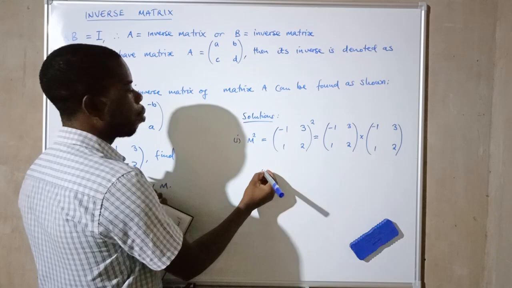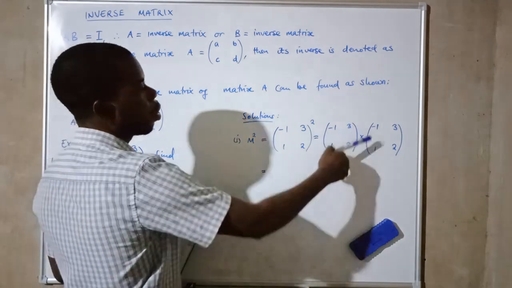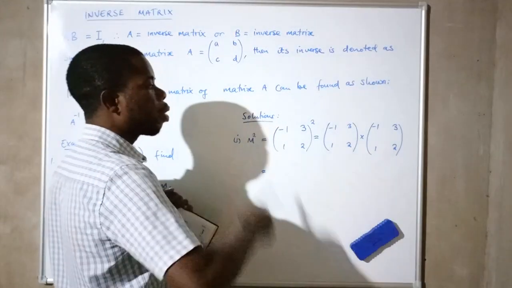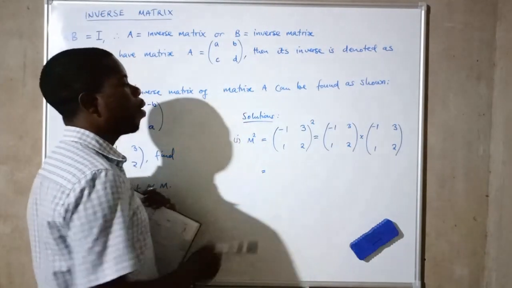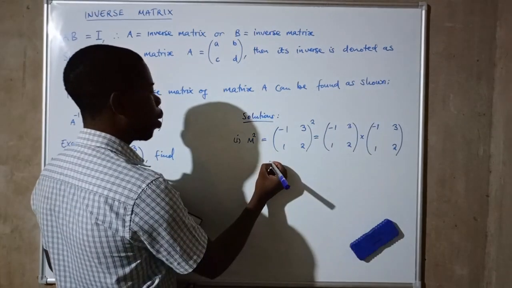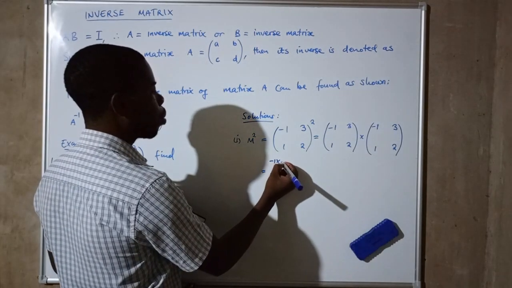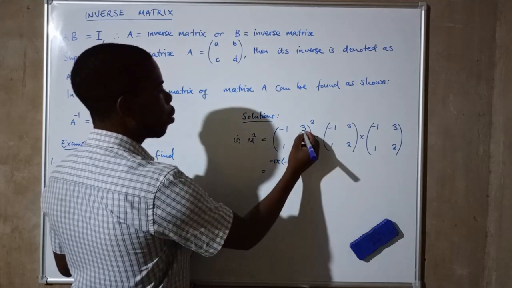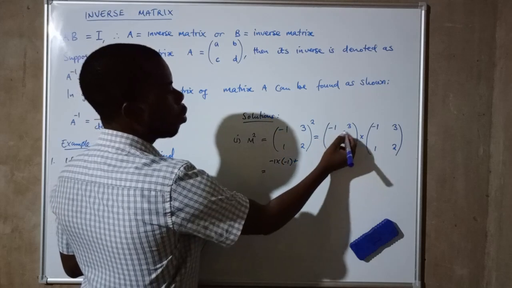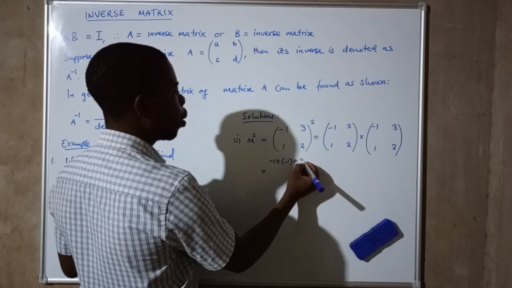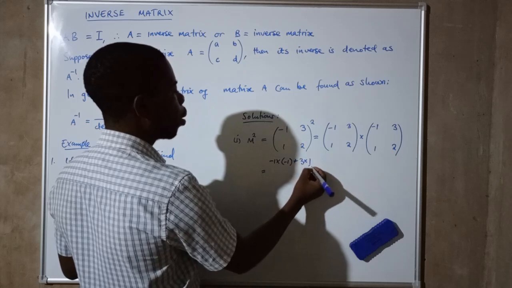Then I'll drop it here because of space that side. So this multiplication now comes in. That's why we learned multiplication, very important. So say negative 1 times negative 1, then plus this 3 times 1.